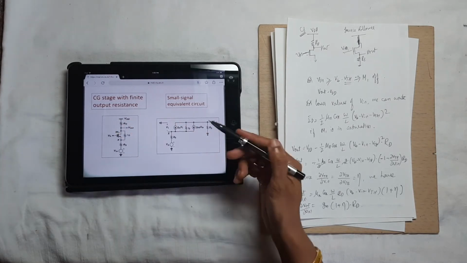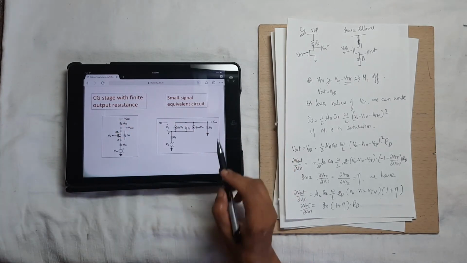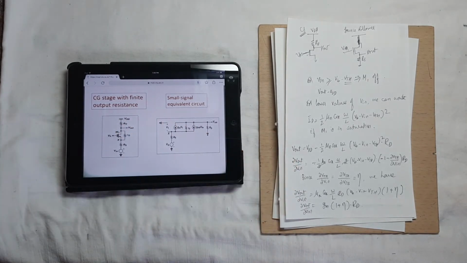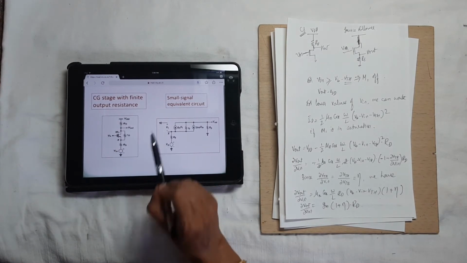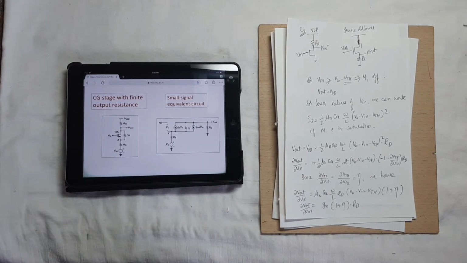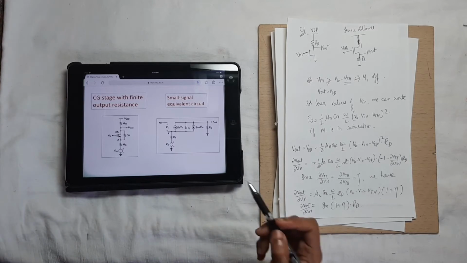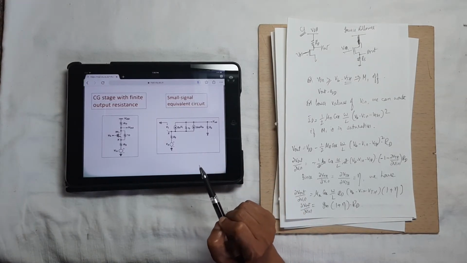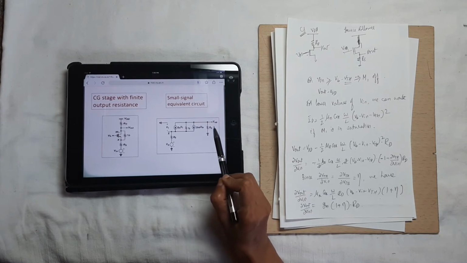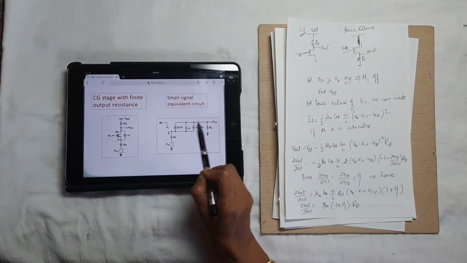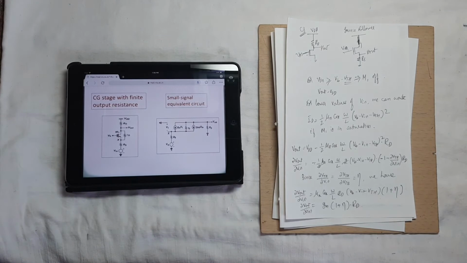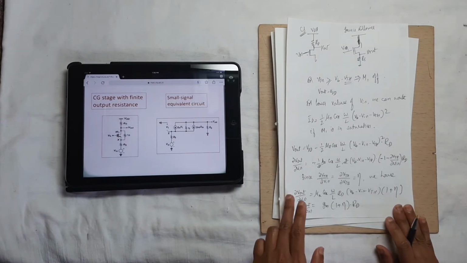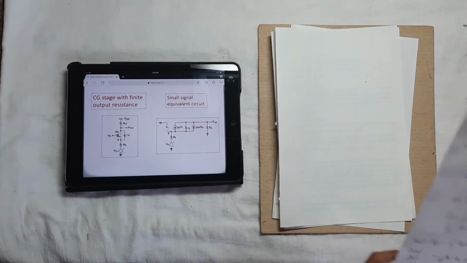Therefore RD can be flipped and placed like this. This becomes the small signal equivalent circuit. Even this bias voltage will be grounded for the gate terminal. Therefore we get the small signal equivalent circuit like this. Let us try to derive the expression for that.